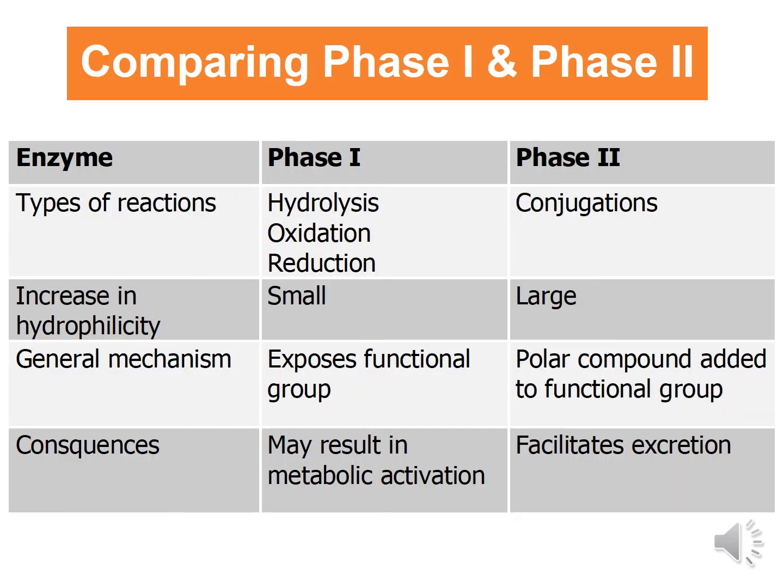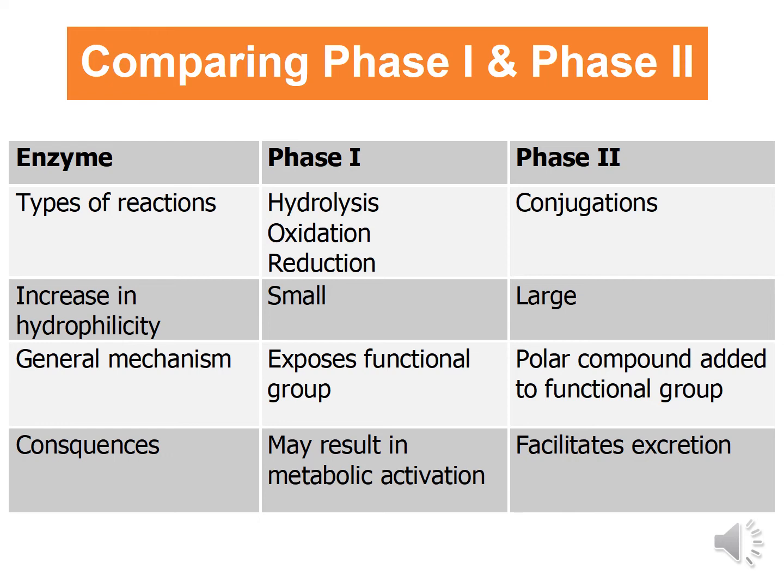What is the difference between these two phases? The first difference is the types of reaction. During the first phase, reactions of hydrolysis, oxidation, and reduction occur, and the second phase includes only conjugation reactions. The second phase increases the hydrophilicity of the substances, and the general mechanism of phase 1 is that it exposes a functional group.